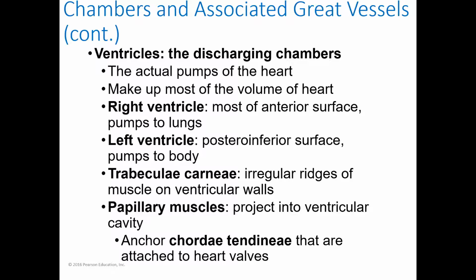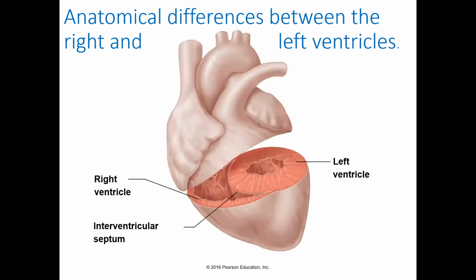Papillary muscles are the anchors for the chordae tendineae, the strings that hold on to the heart valves. So we have 2 structures: the trabeculae carneae, which are the ridges of muscle inside the ventricles, and the papillary muscles, which hold on to the chordae tendineae.